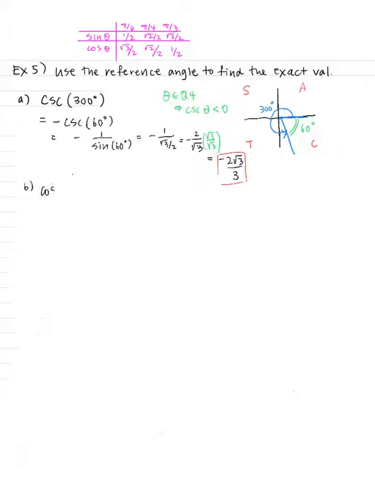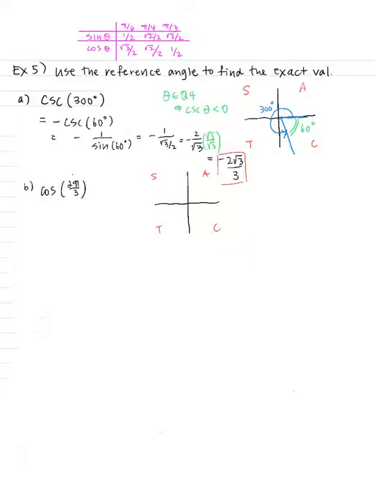All right, so let's go with B. Let's go with cosine of 2 pi over 3. Again, first step, determine which quadrant that angle lies in. I'm going to do the same thing: All Students Take Calculus. So 2 pi over 3 is going to lie in quadrant 2.